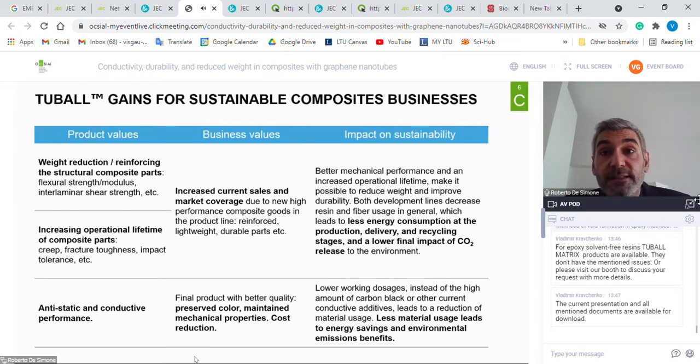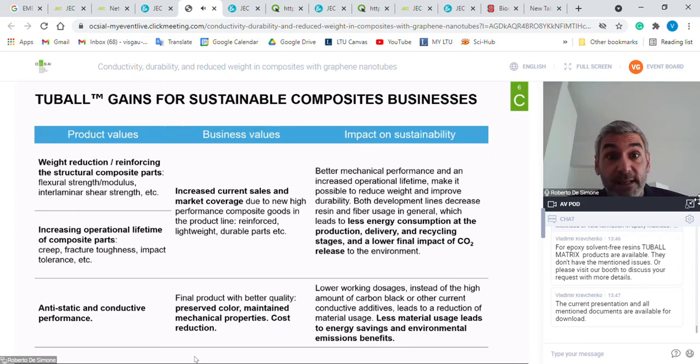But on the other side, if we improve mechanical properties and the life cycle, and in a certain way reduce the energy used to produce and the carbon content, because with a low loading level and increased operational lifetime, obviously there is a direct impact on the carbon footprint, which can tremendously affect the CO2 release.